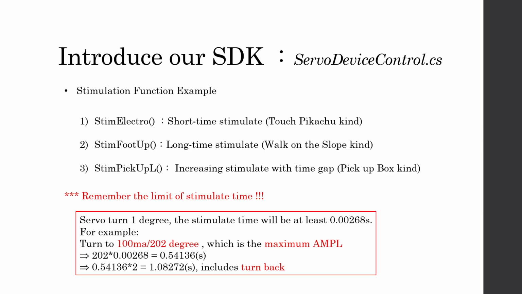Each 1 degree, the stimulation time will be at least 0.00268 seconds. For example, if you want to turn from 0 mA amplitude to 100 mA amplitude, mapping to the servo, it will be 202 degrees. That's the maximum amplitude.